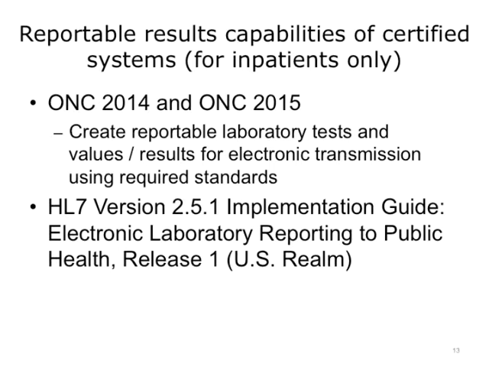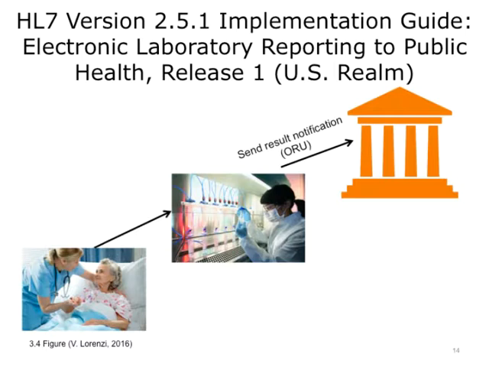They use the HL7 version 2.5.1 Implementation Guide, Electronic Laboratory Reporting to Public Health, Release 1, U.S. Realm Specification. The standard used is the HL7 version 2.5.1 Implementation Guide, Electronic Laboratory Reporting to Public Health, Release 1, U.S. Realm, which uses HL7 version 2 lab result messaging.